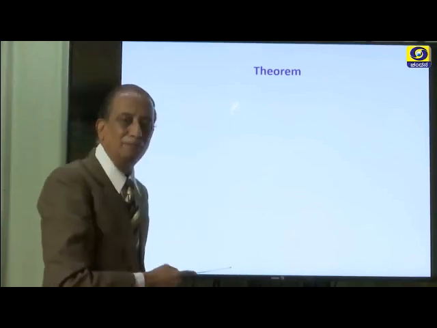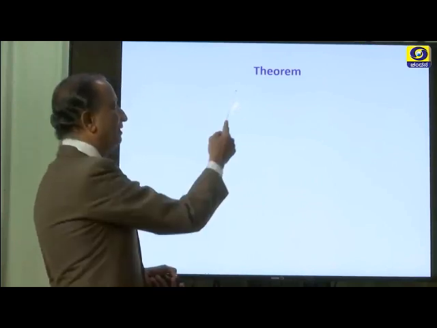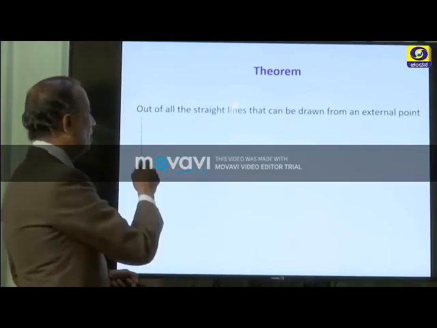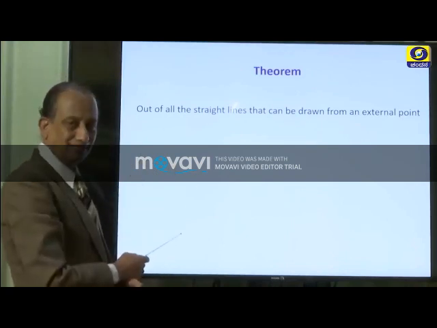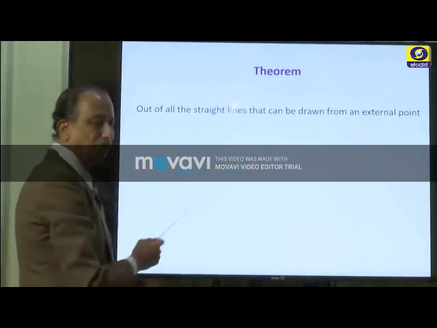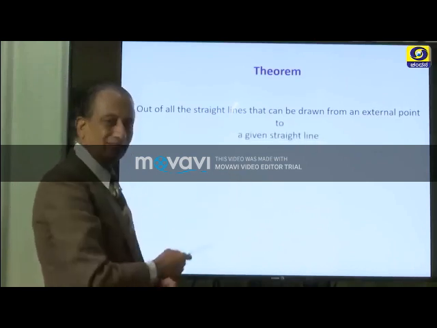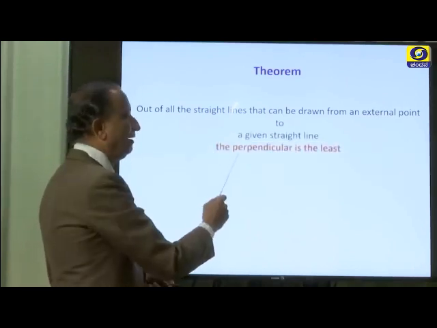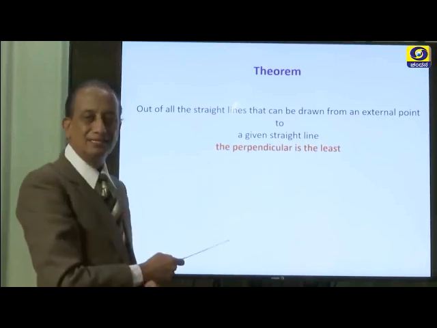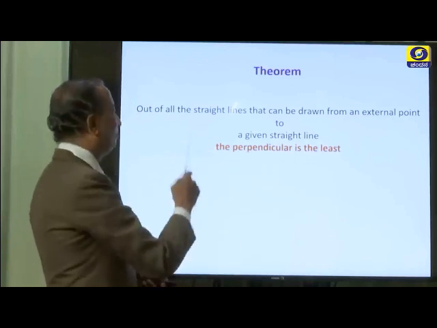We need the help of another important theorem. The statement is this: out of all the straight lines that can be drawn from an external point to a given straight line, the perpendicular is the least. This is the statement.